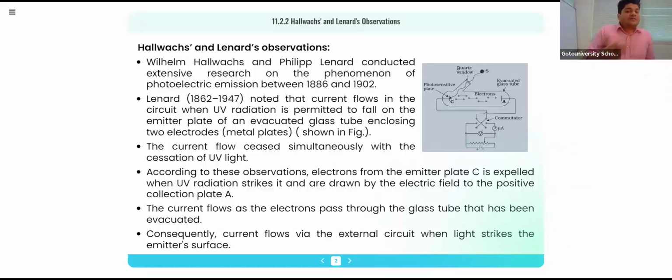After that, the matter went to Sir Einstein, who explained each and everything. This setup is today known as the Einstein photoelectric effect setup. Hallwachs and Lenard discovered it, Einstein explained it.